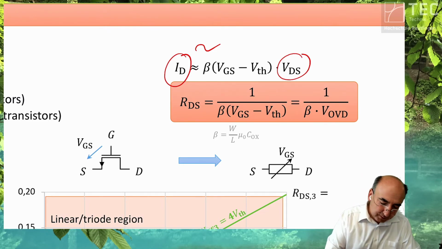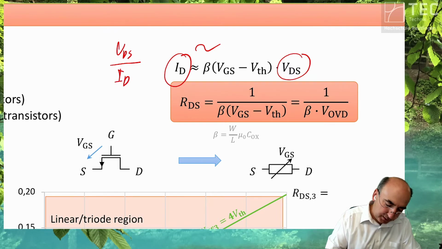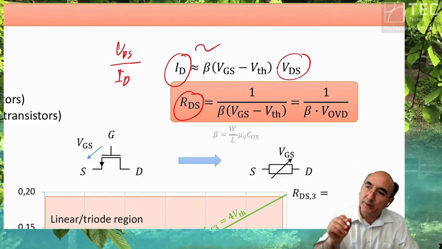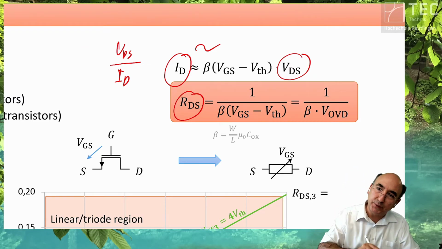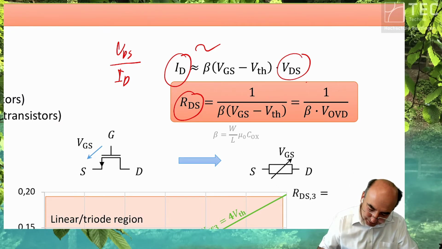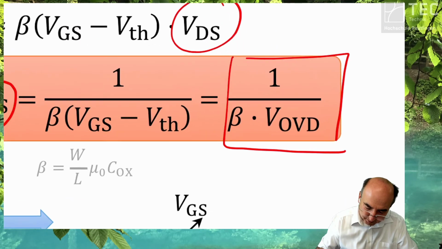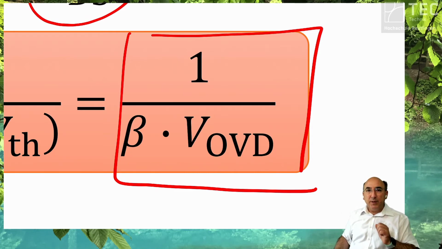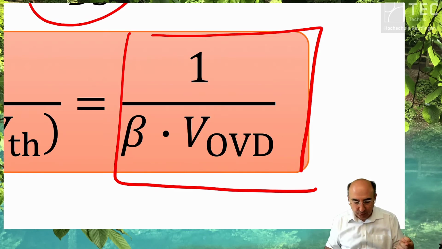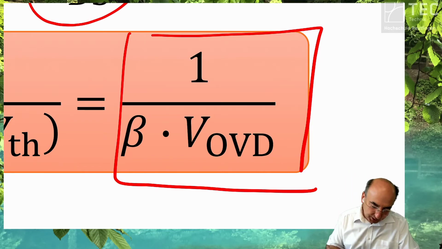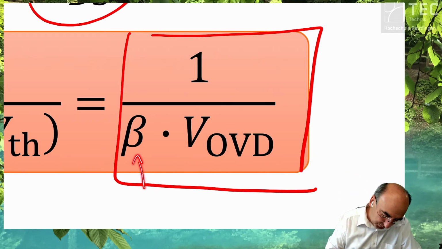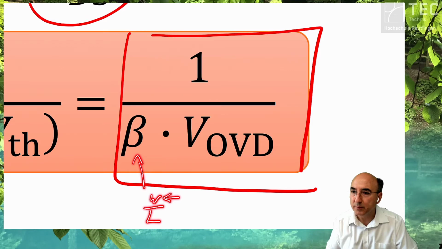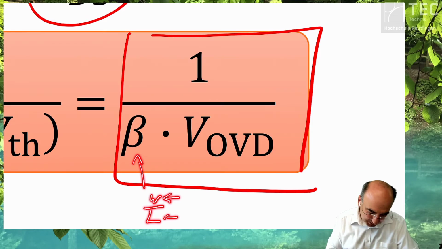And what is VDS divided by ID? It is the resistance. So the channel resistance in power electronics is exactly this. That means if you want a transistor with a certain channel resistance, you have to increase what is inside of beta, W divided by L. You have to increase the width and minimize the length.